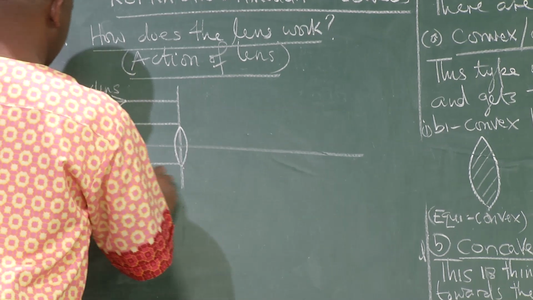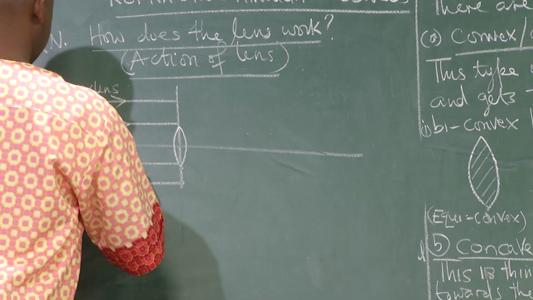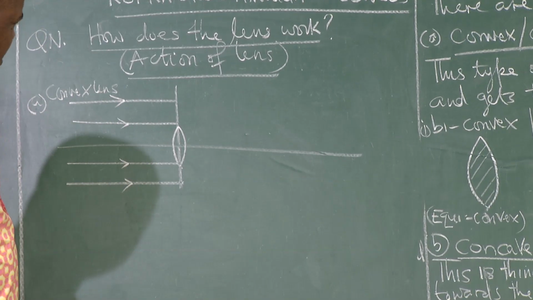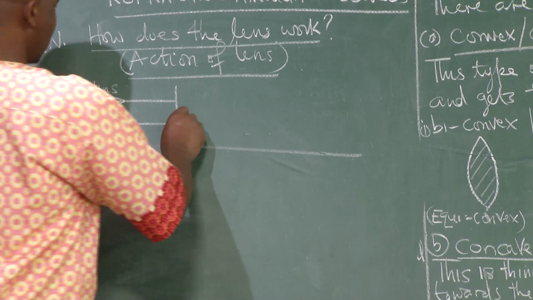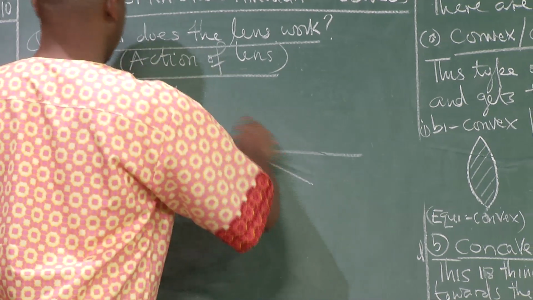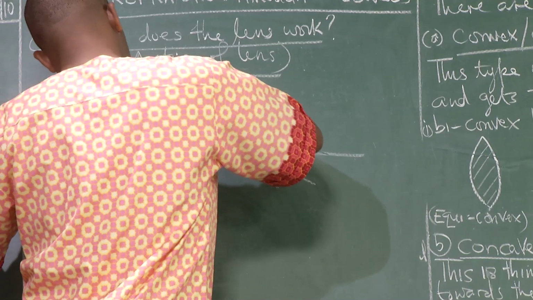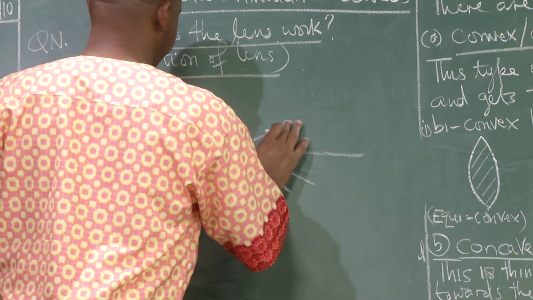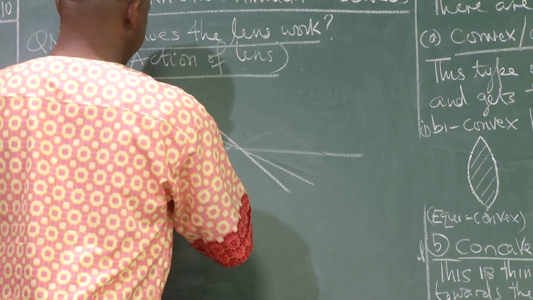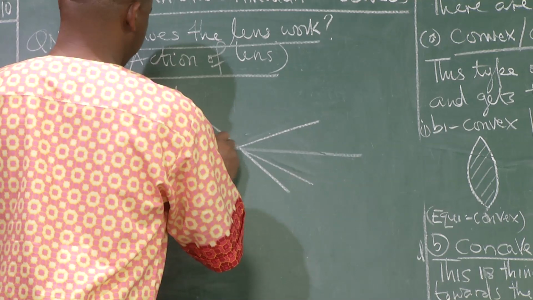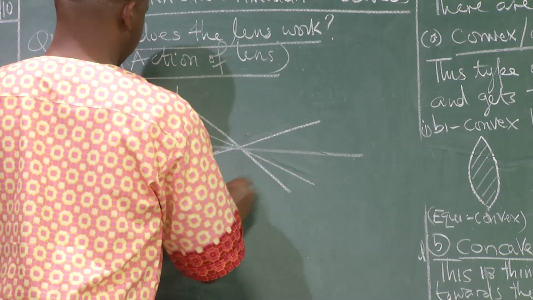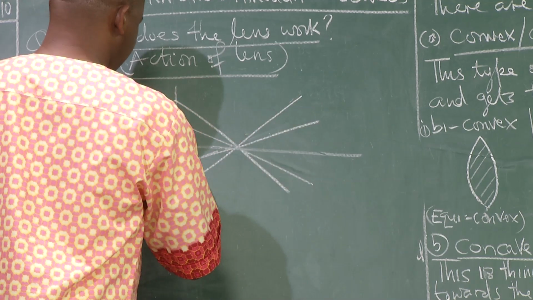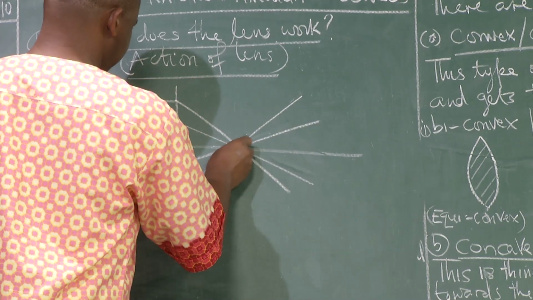Candidates should note that they are expected to use rulers. They should not copy the teacher using a free hand. When you use a ruler, you get a perfect diagram of what I am illustrating.